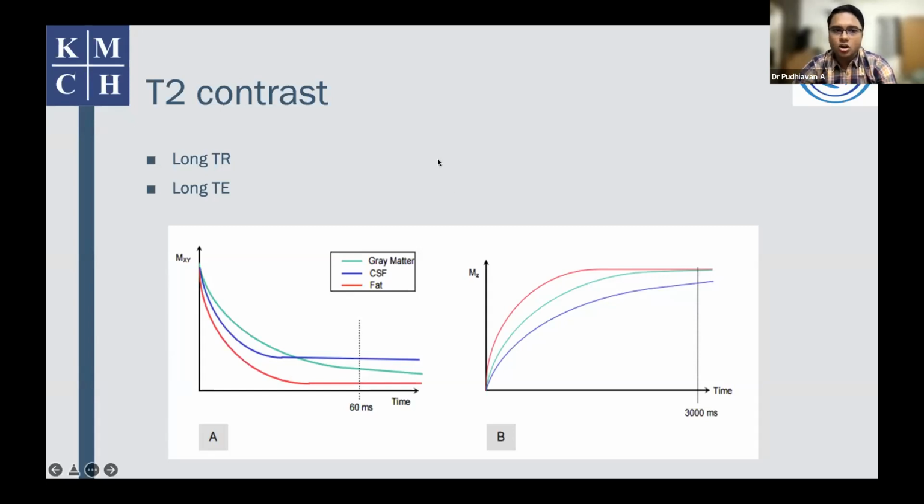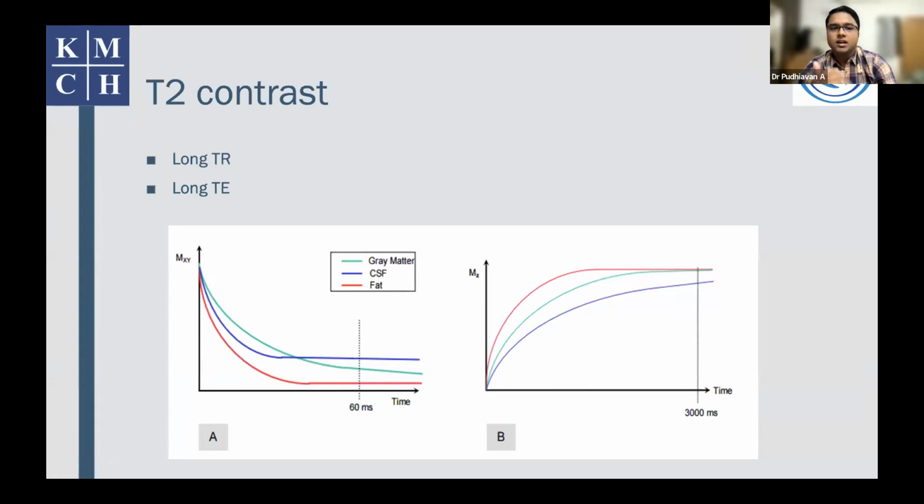So when we use a long TR and a long TE, the weightage of the T1 relaxation curve on the image is minimal, whereas the weightage of the T2 relaxation curve is maximum.